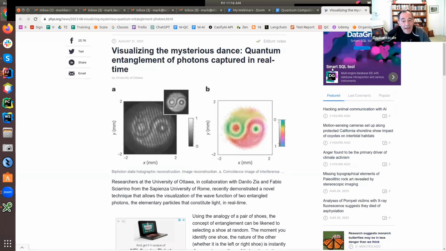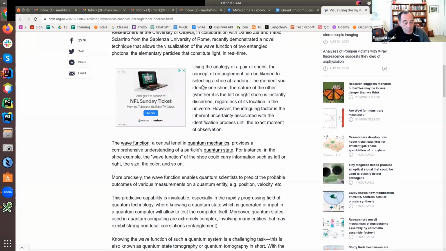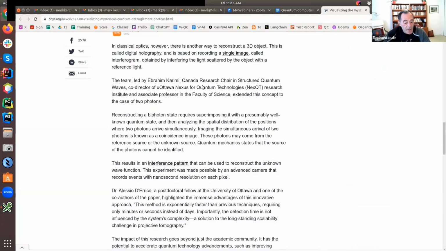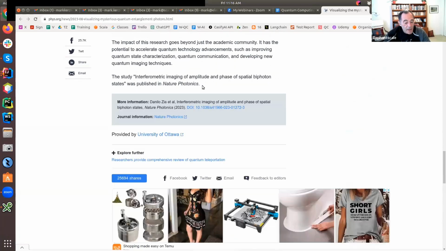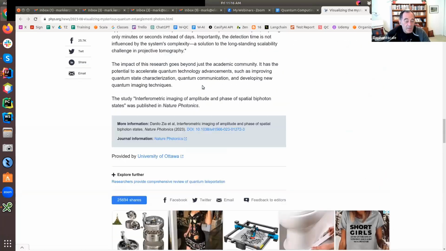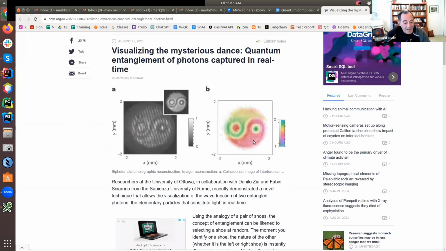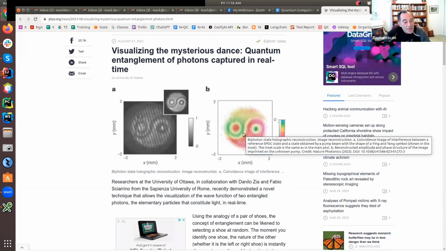I don't think that adds much to our understanding, but they are nice pictures you can share with your friends and say that's the wave function and that's what it looks like. All right, I couldn't find much interesting stuff.